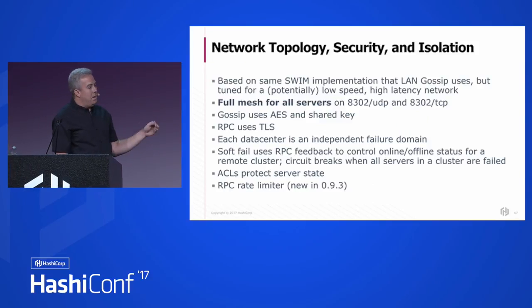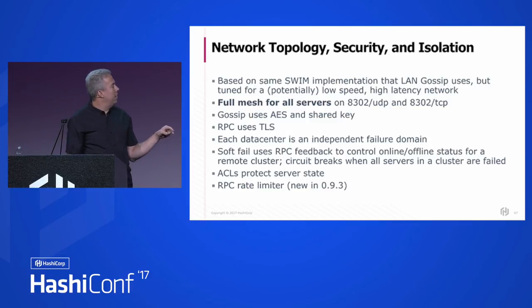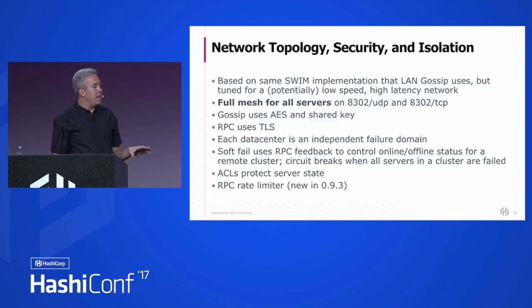So it uses the same SWIM implementation that LAN gossip uses, but it's tuned for a low speed, high latency network. So this is designed for geographic, world-spanning ping times. It's fine with that. You have to mesh all the servers together. So any server in the federation has to be able to reach any other server on those ports and protocols.